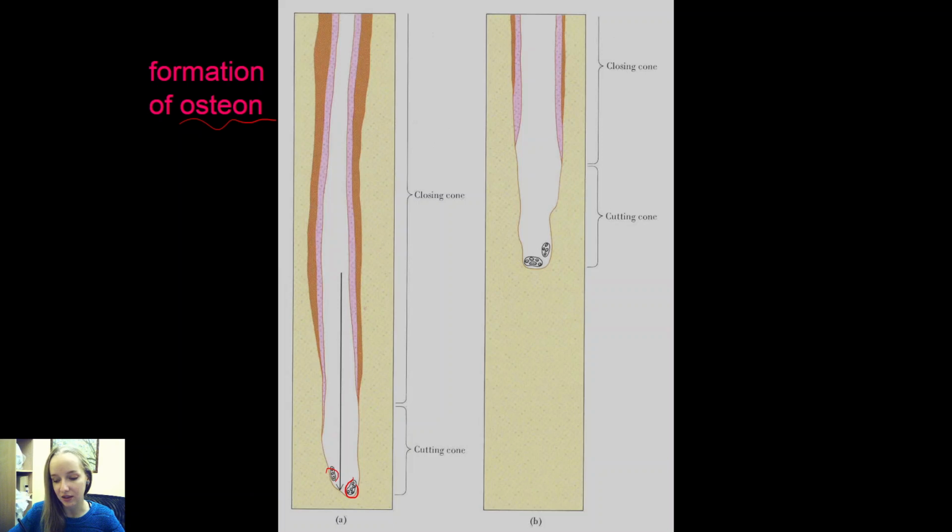So at the beginning of the formation of an osteon, we have a very wide Haversian canal. The wider the Haversian canal, the newer the osteon.